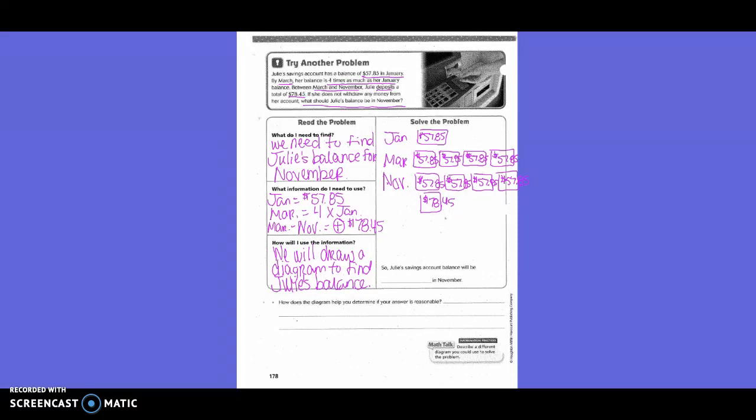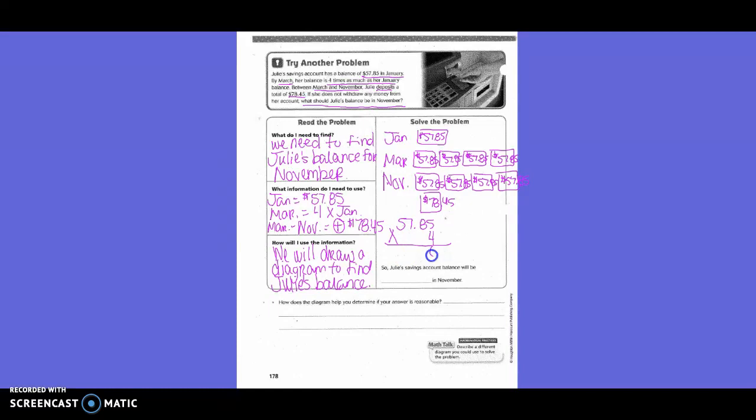Okay. Now what will be my first step? What will I need to do first for work? Am I going to add or am I going to multiply? So I'm going to multiply $57.85 times what, guys? Times 4. So 4 times 5 is 20.